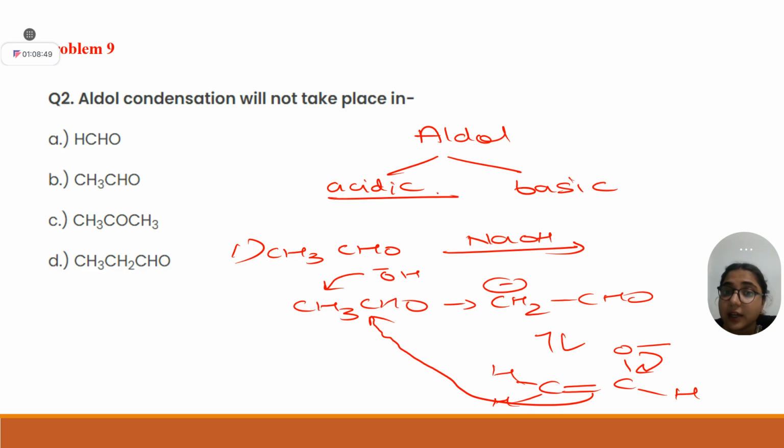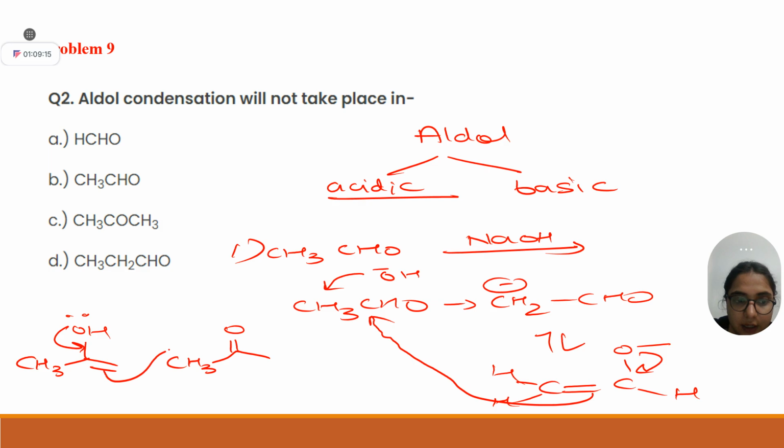But in acidic conditions, you can't draw this negative charge in the mechanism, because in acidic condition this negative charge is not possible. In those conditions, how will you write the mechanism? You will draw the enol form, and that will attack the carbon. This is based on concept.